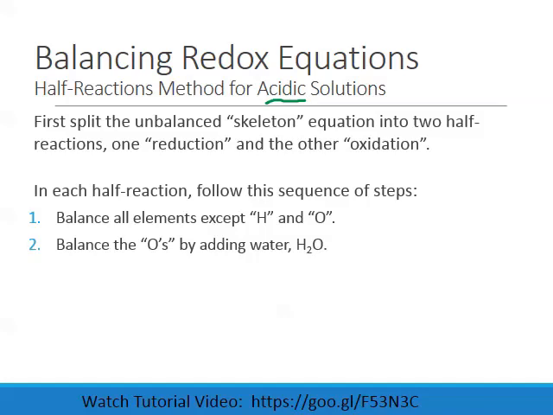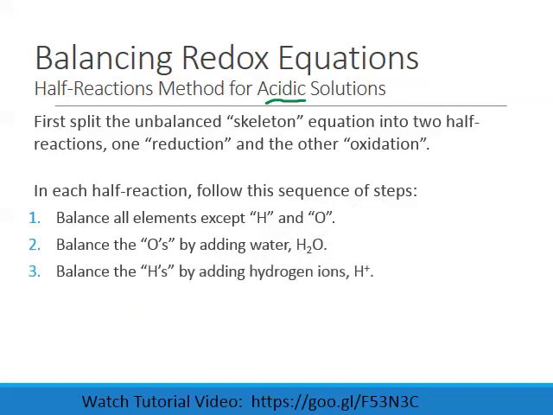Balance the oxygens in a way that's going to seem weird by adding water. The reaction, you remember, is happening in an acidic solution, so there's definitely water present. And we also remember it's a skeleton equation that we started with. There were things missing, so it's quite possible that water was missing, and we're going to balance it by adding water. That would be to fix the number of oxygens on both sides.